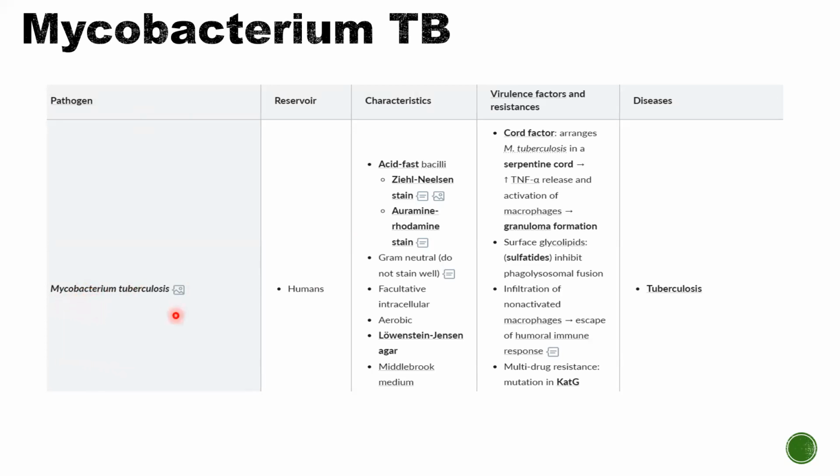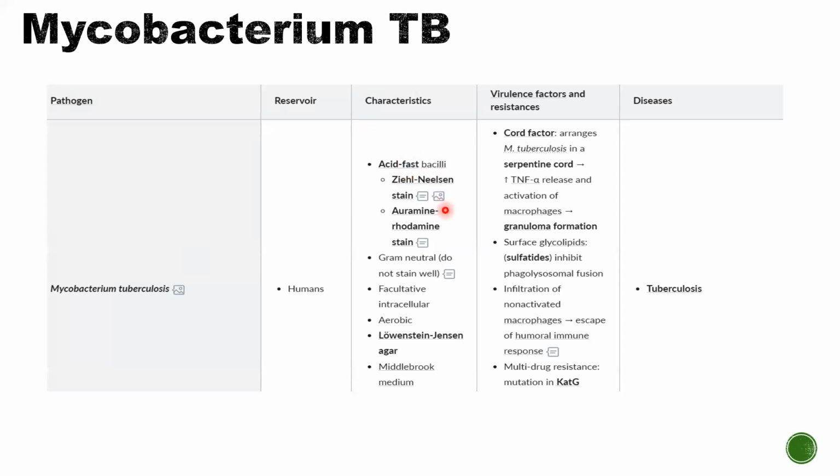What's cool about this is that it has mycolic acids in the cell wall, so we call it acid fast. Why? Because it does not get washed away by the acid. Even if we put alcohol, if we put anything, it does not respond to the gram staining. We call it acid fast.